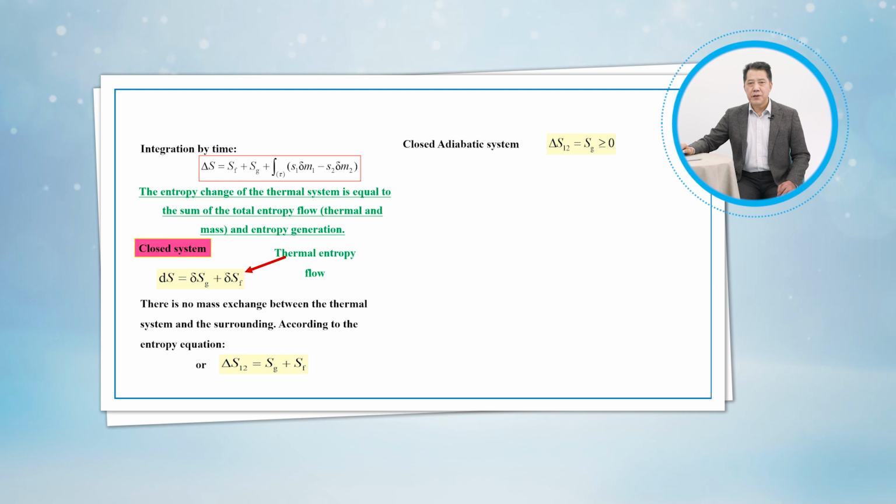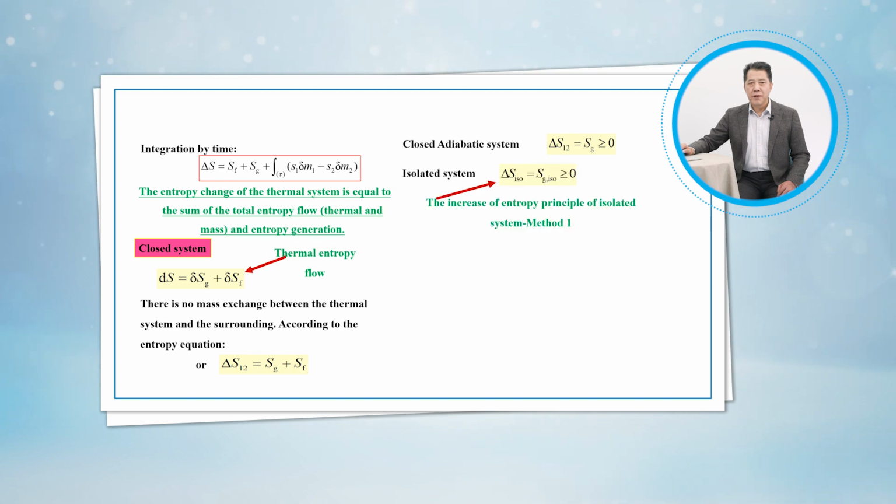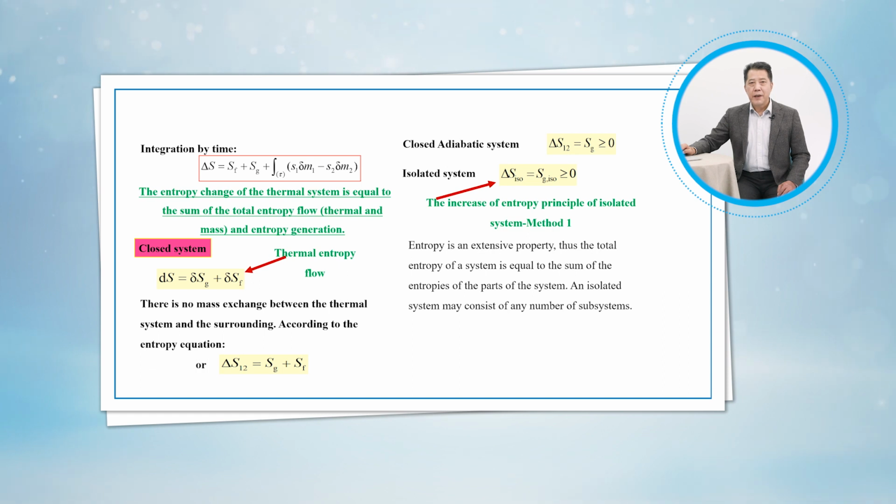The entropy equation becomes: for an isolated system, the entropy equation becomes this. This is the increase of entropy principle for an isolated system, and this is the method 1 statement of the second law of thermodynamics.